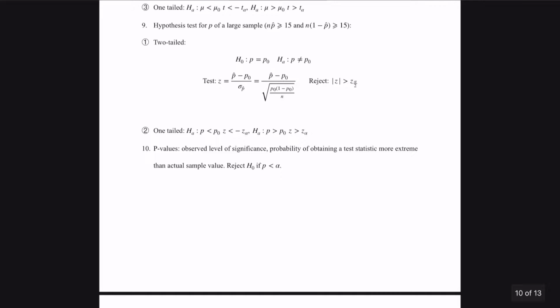Hello everyone. Today I want to talk about the last point that I want to say about hypothesis test. It's about p-value.